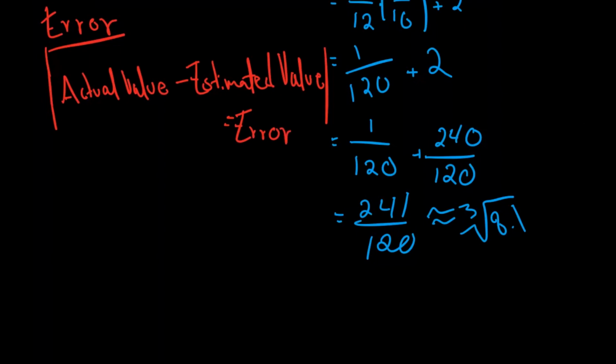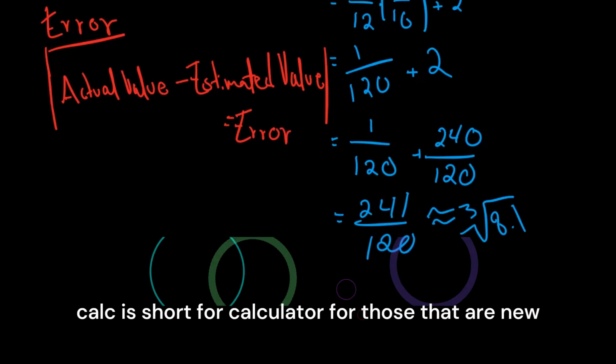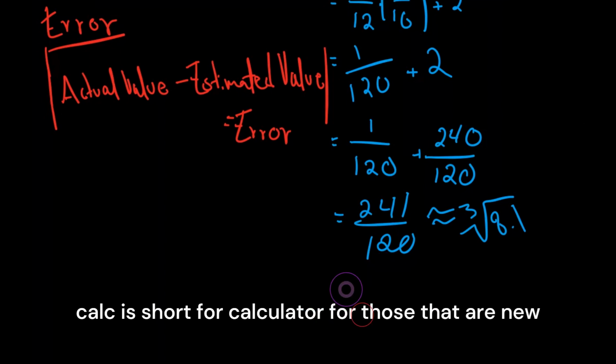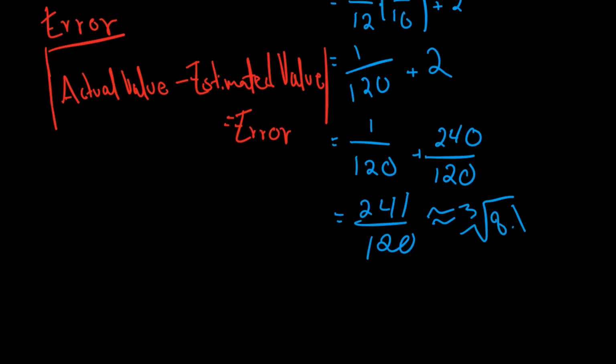For an example like this, you will have to use a calculator, which kind of does defeat the whole purpose of approximating, but here we go. So the formula is right, and then we'll plug in the actual value.